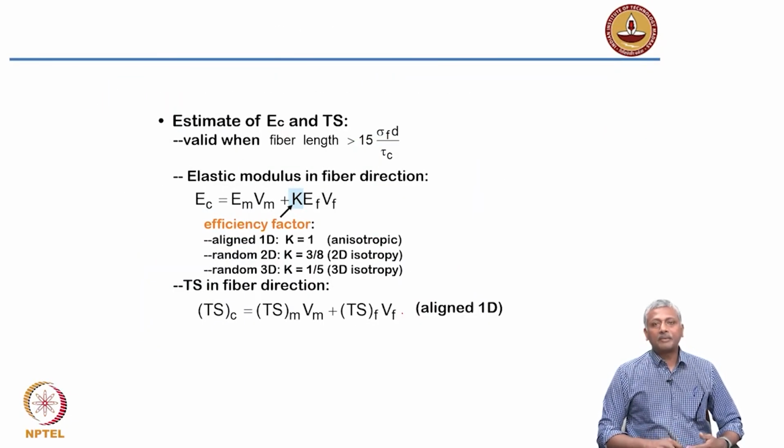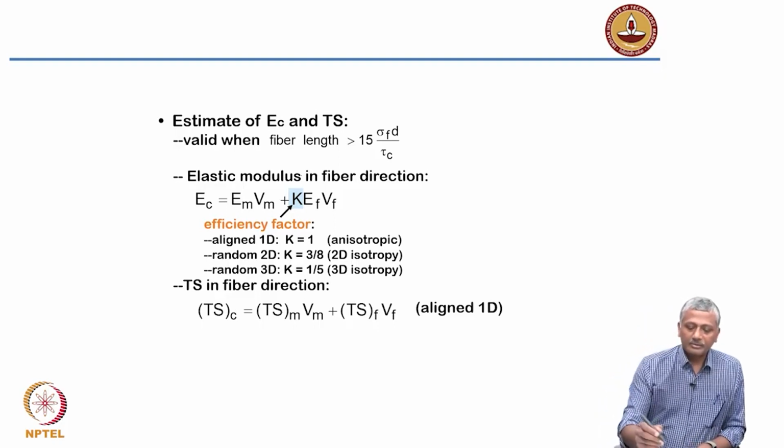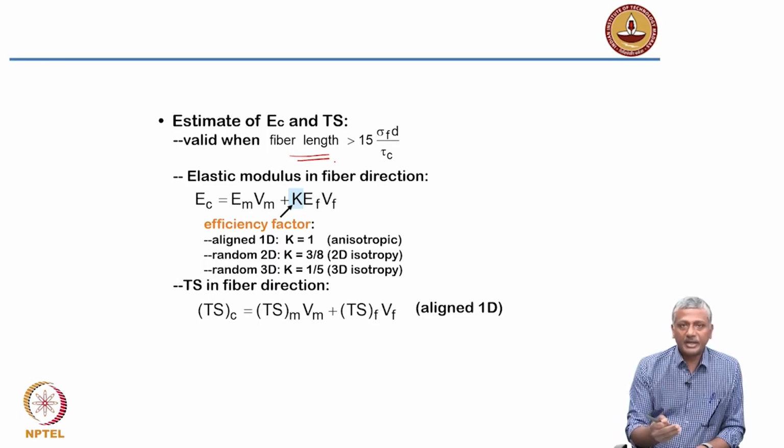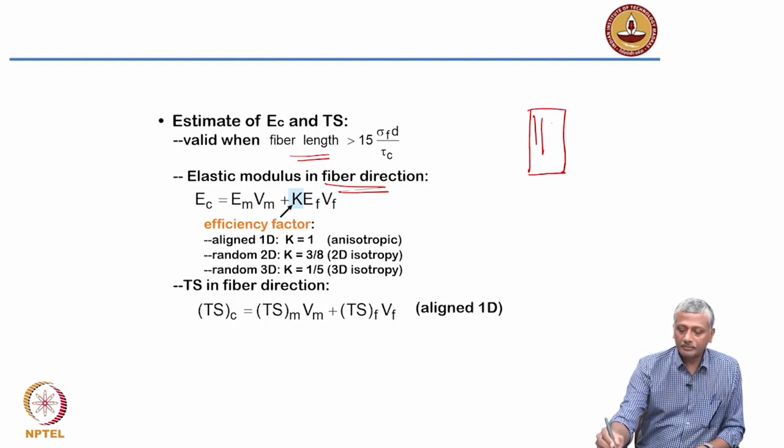Again, you can apply similar rules as you did in particulate composites with respect to calculating the net composite modulus or net composite engineering properties. So for fiber lengths which are high enough, you can actually apply these sorts of equations in the fiber direction, that means in the longitudinal direction of loading.